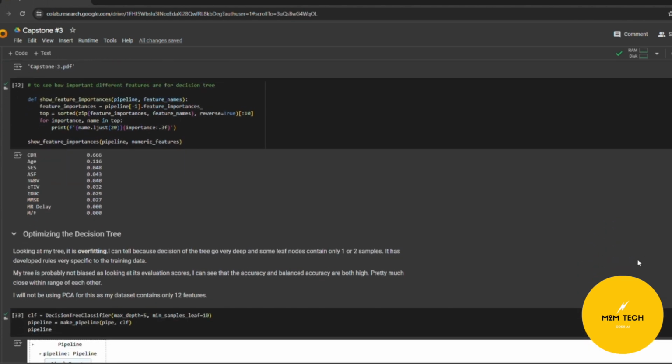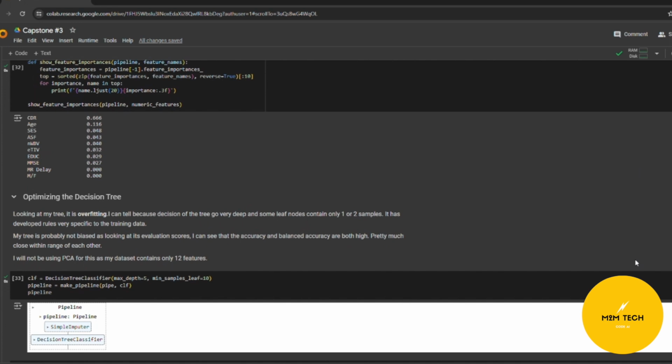Looking at my decision tree, I can tell that overfitting is an issue. And this is because the decision of the tree go very deep and some leaf nodes contain only one or two samples. Looking at the importances of the features, we can also see that CDR having a very high importance while the other features have very low indicates overfitting in my model.